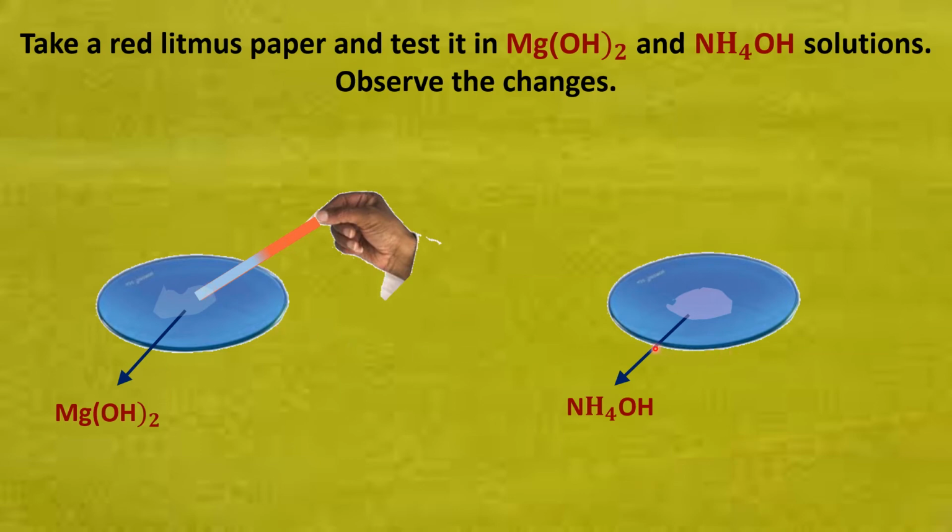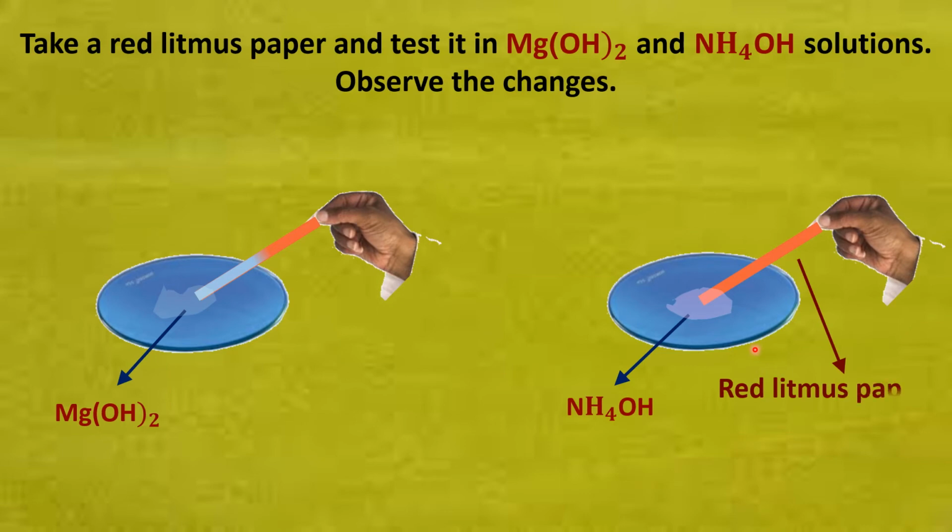Now let us see for the ammonium hydroxide. This is the red litmus paper. Yes, here this is also changing. Red litmus paper is gradually changing to the blue color, isn't it?